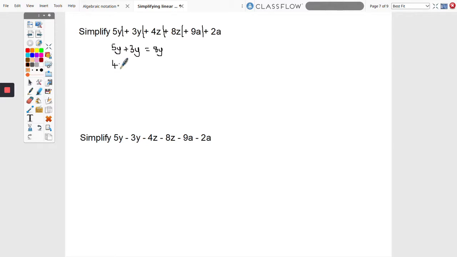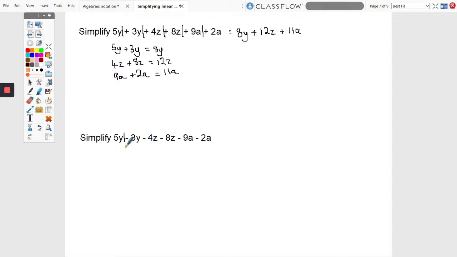And then we have 4z, add 8z, which will give me 12z. And then we have 9a, add 2a, which will give me 11a. So my simplified expression will be 8y, add 12z, add 11a.